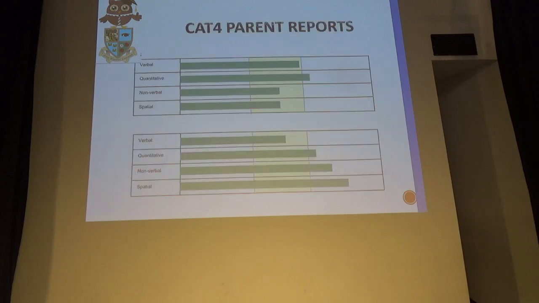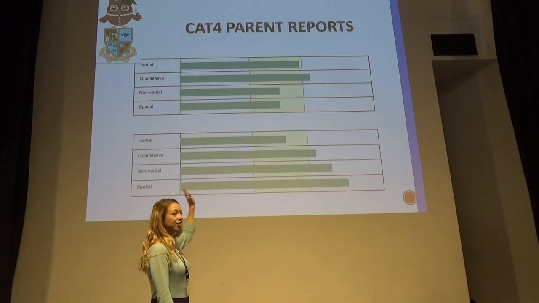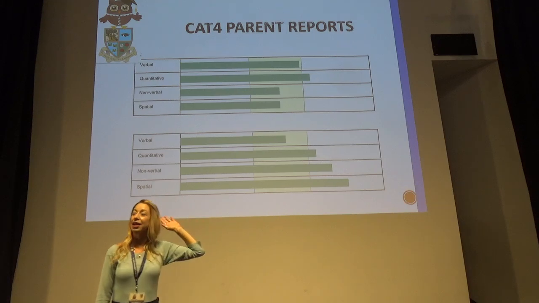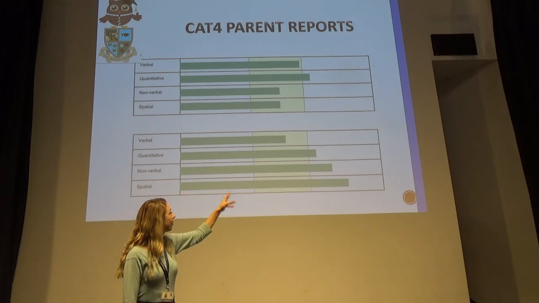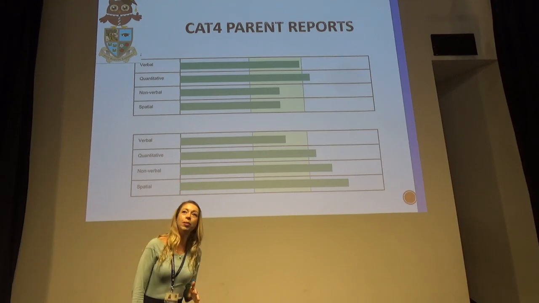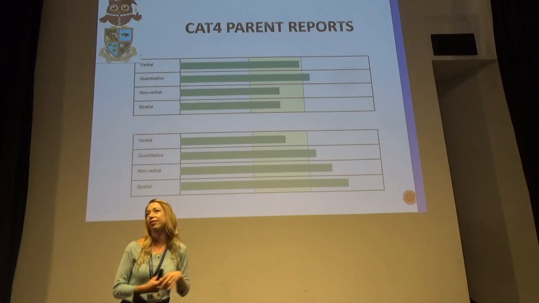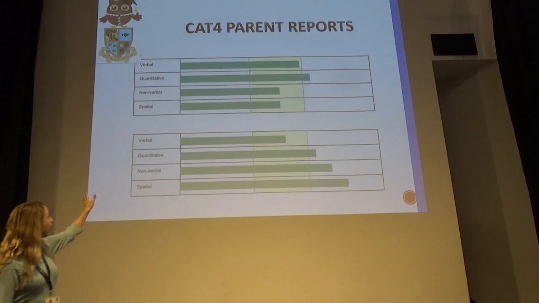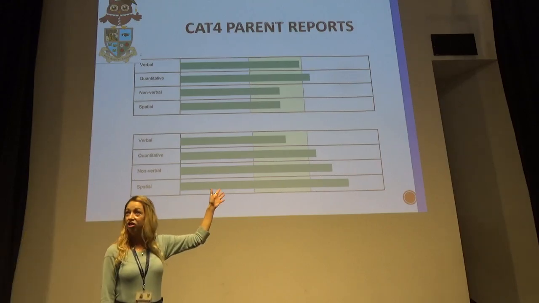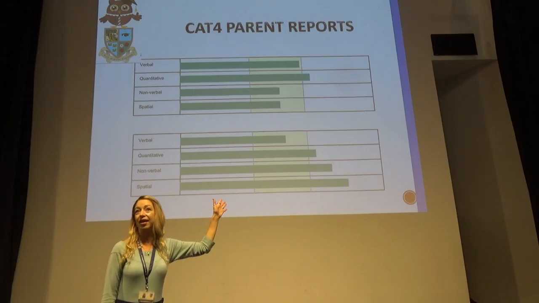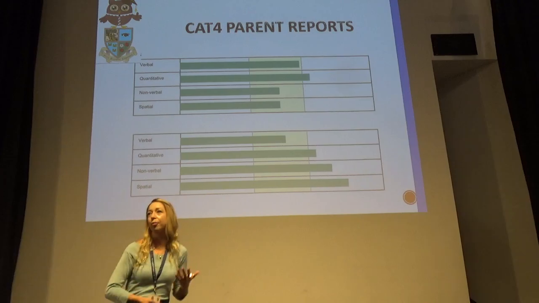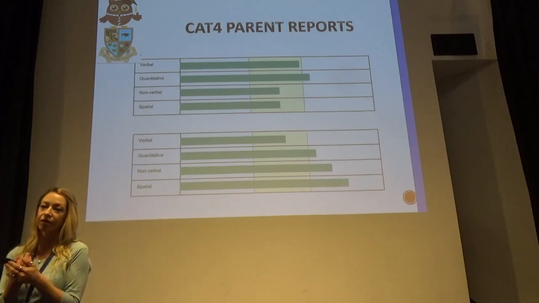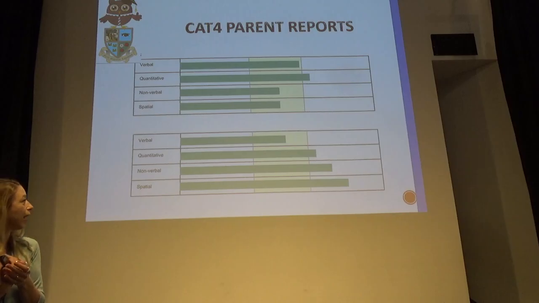Here are what some other ones look like. So you can see on this bottom one, then this child has a slightly greater spatial ability. So there's a slight bias for spatial ability in this profile here, but they are well into their average for verbal ability as well. So they will still be able to talk through their ideas and have that verbal ability as well.